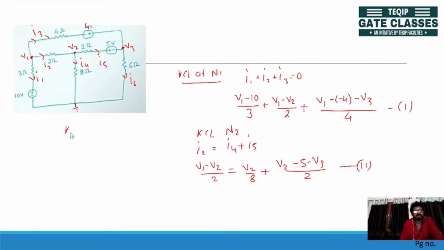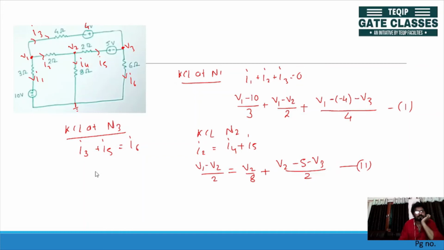Now apply KCL at node 3 here. Here you have I5 incoming, I3 incoming, I6 outgoing. So you will write I3 plus I5 is equal to I6.